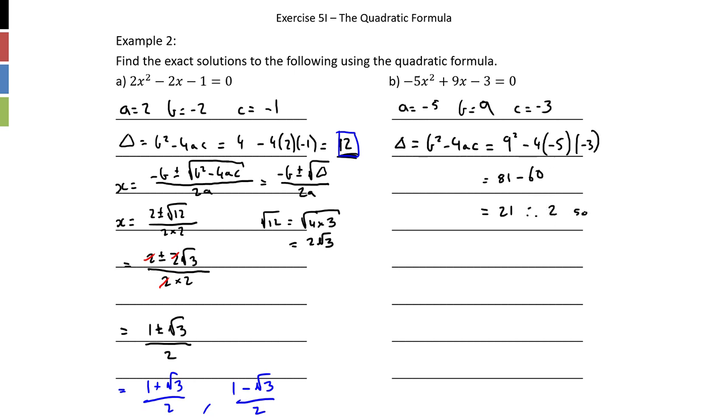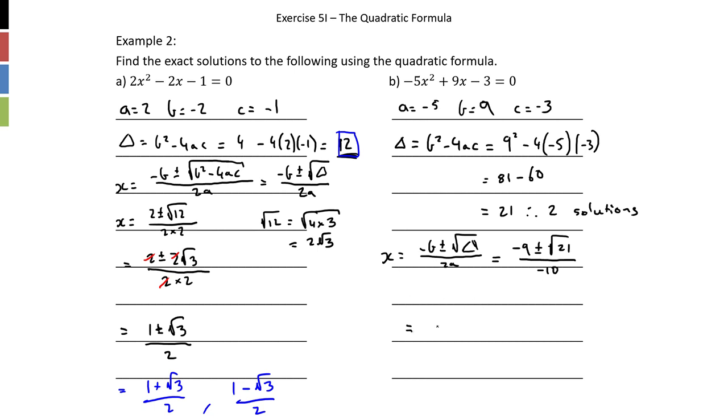So we have a positive discriminant, therefore 2 solutions. So x is equal to negative b plus or minus the square root of the discriminant all on 2a. So b is 9, so we're going to get negative 9 plus or minus the square root of 21, on 2 times negative 5, which is negative 10.